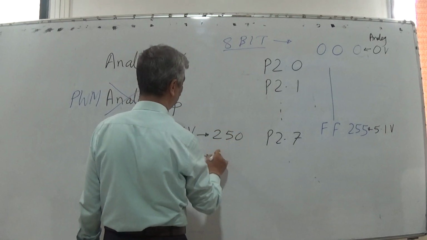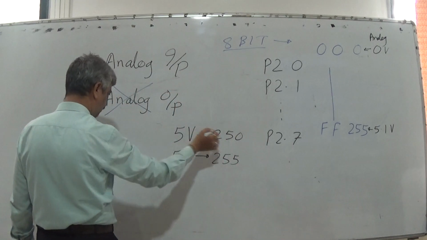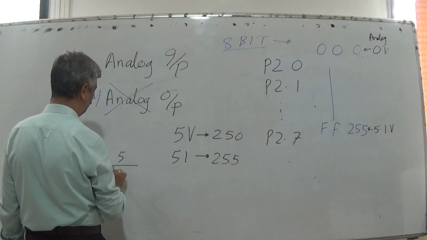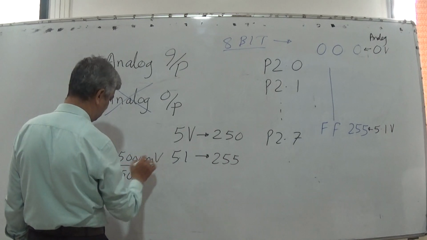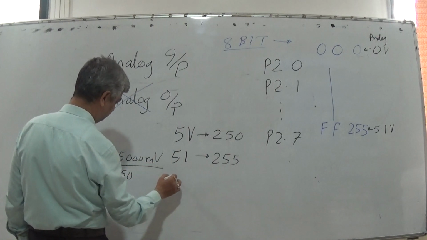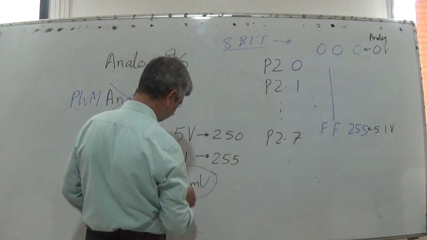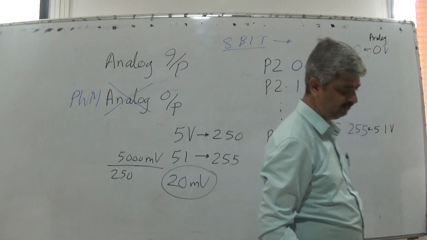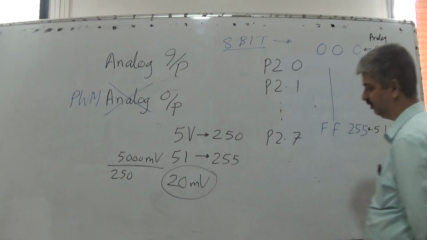5.1 will correspond to 255. So 250 means 5 volts upon 250, that is 5000 millivolts upon 250, that is 20 millivolts will be giving you 1 count. So the digital 8-bit reading, hex converted to decimal, multiplied by 20 is the actual voltage.